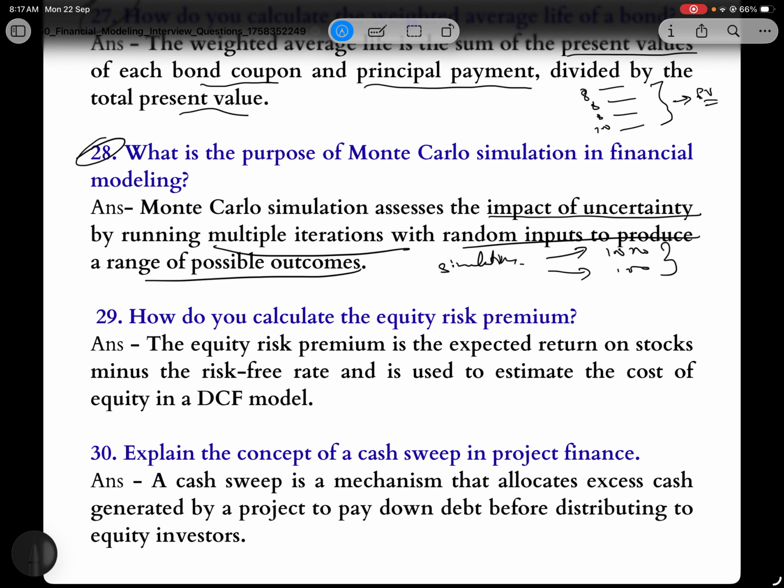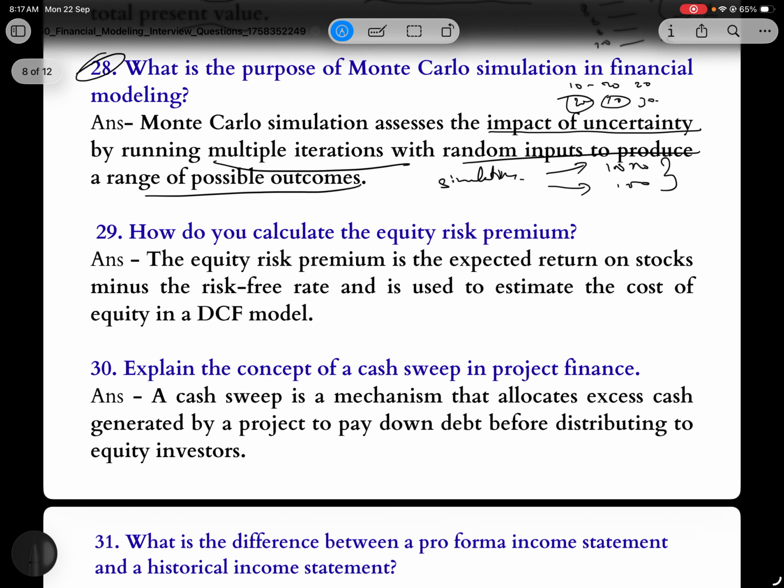For example, 10 to 20 might occur this many times, 20 to 30 might occur 30 times. So you get a range, like 20 to 30, within a bracket. That's what Monte Carlo will provide us, the list of possibilities.